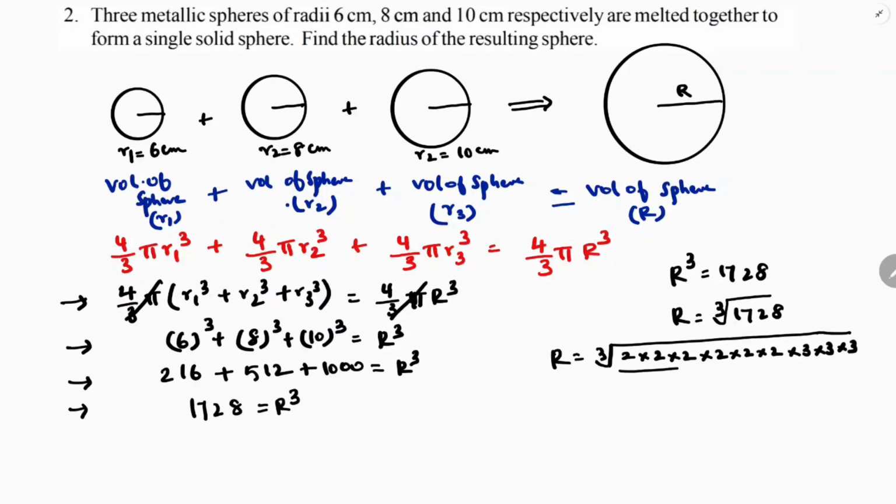As it is cube root, if 3 numbers are common, outside you can write 1, and here it is 3. So it is 2 into 2 into 3 is 12. So radius is 12 centimeters. So the radius of the resulting sphere is 12 centimeters.